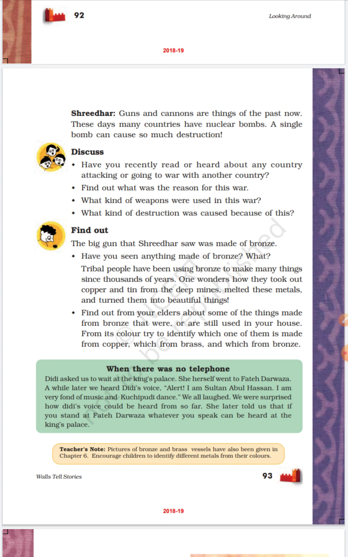The reason for this war was land, some area. What kind of weapons were used in this war? As I told you, guns, missiles, bombs. What kind of destruction was caused because of this? There were casualties, so many people died as well as were injured, so many people have been dislocated, and lots of property has been lost.